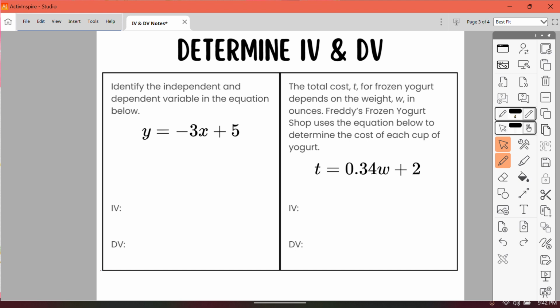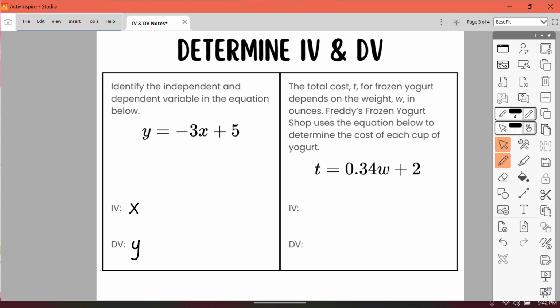All right? So this first one is very straightforward. It says identify the independent and dependent variable in the equation below. And this is just a matter of memorization. If you see an equation written out like this, this is slope-intercept form. The y is always going to be the dependent variable, and the x is always going to be the independent variable.